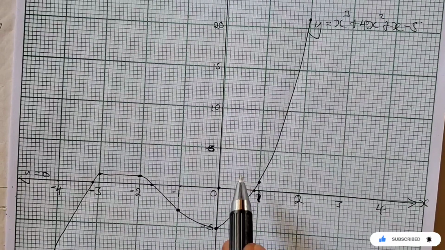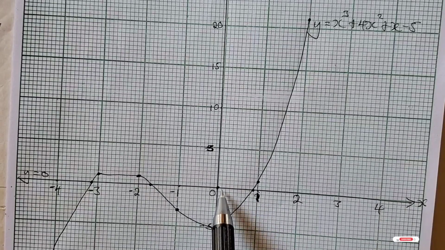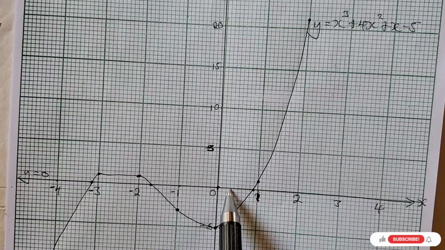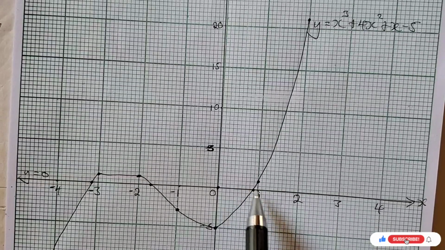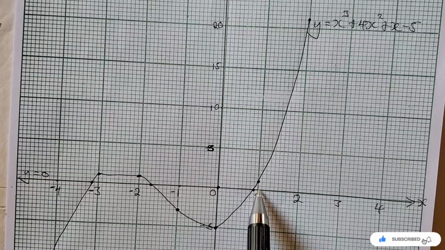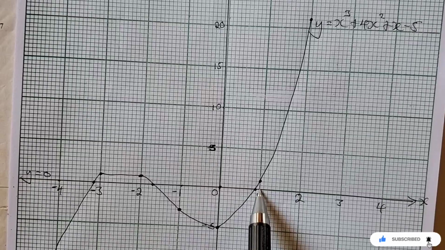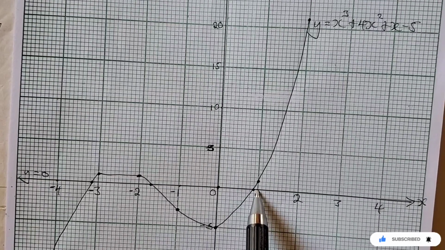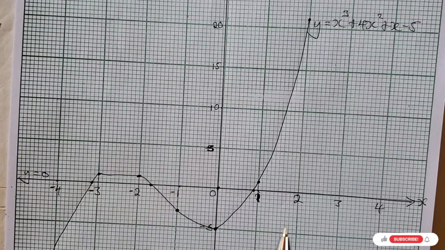Are we together? Let's prove this. 0.1, 0.2, 0.3, 0.4, 0.5, 0.6, 0.7, 0.8, 0.9. This is 1. Okay, so it is okay.